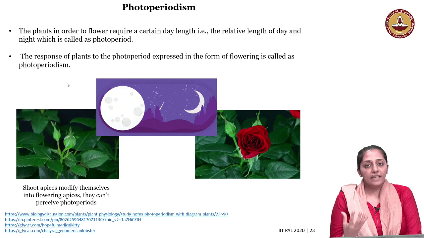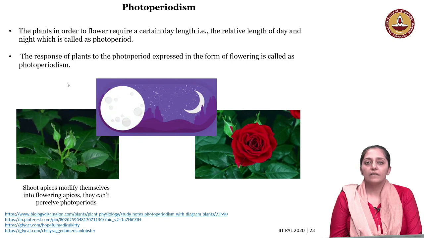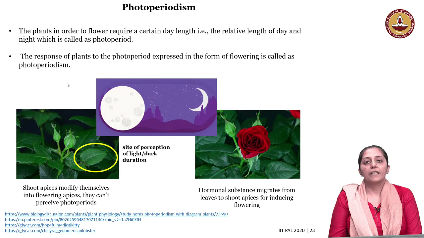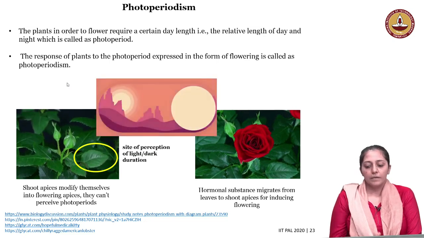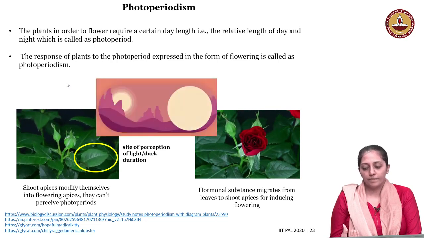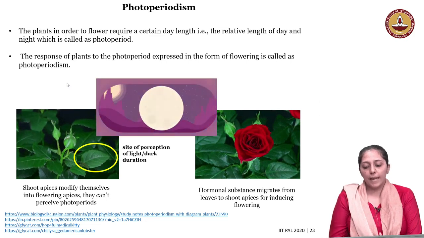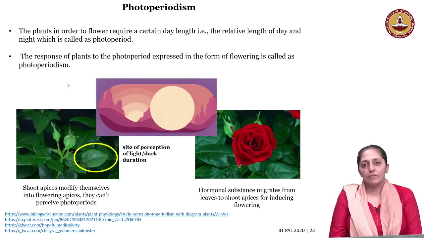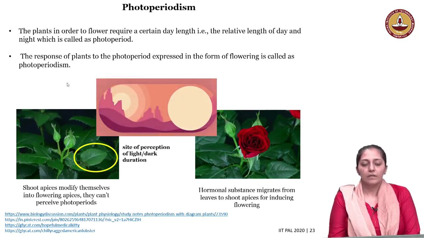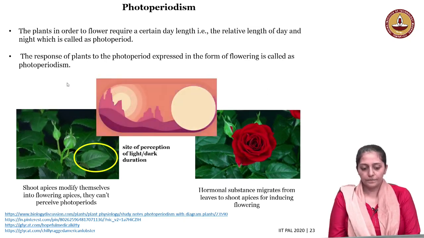So the leaves present nearby, because they can perceive photoperiod, are the site of perception of the light-dark duration. This then leads a hormonal substance to migrate from the leaves to the shoot apices for inducing flowering. This is how the plant regulates flower bud maturation to flower.